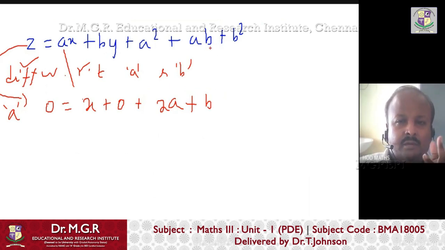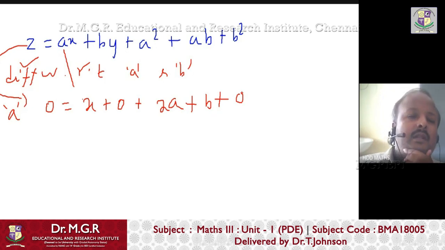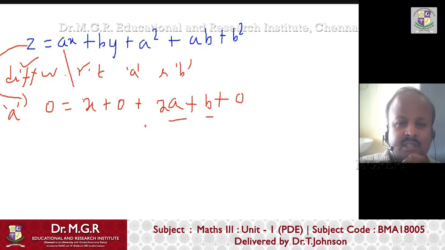Differentiation of a is 1, and b comes as it is, and then the last term becomes 0. So now we have a nice equation, 2a plus b plus x equals 0, or simply 2a plus b equals minus x.